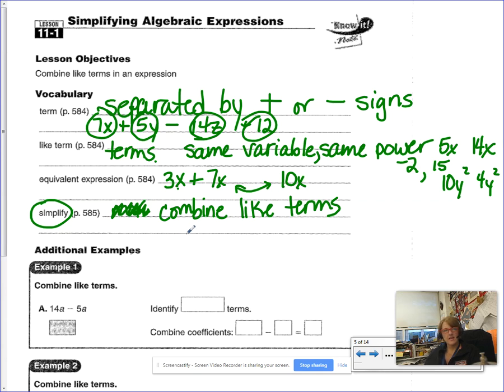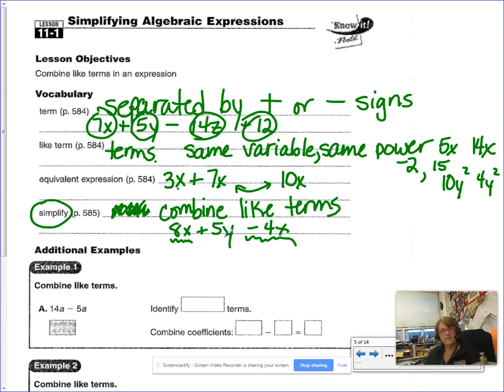So if I had something like 8x plus 5y minus 4x, take the terms that have the same variable with the same power, 8x and this 4x. And remember, I always talked about you got to take that sign that's right in front of here. So this 4x, I want you to think like negative 4x.